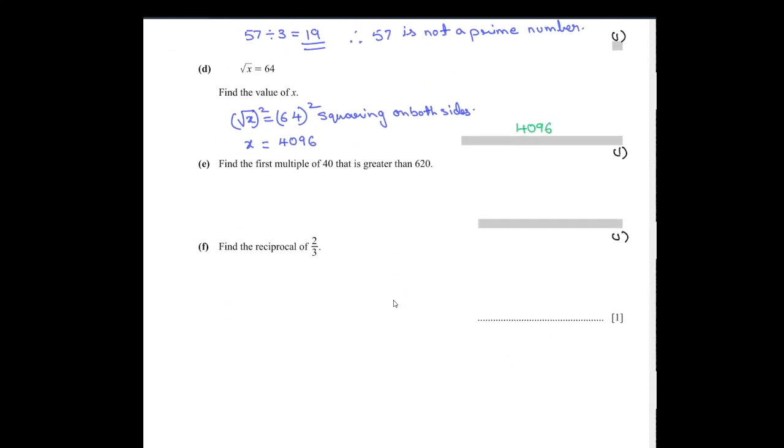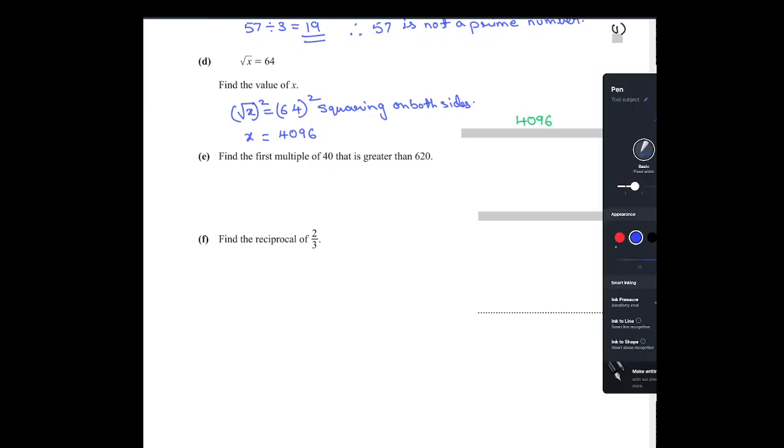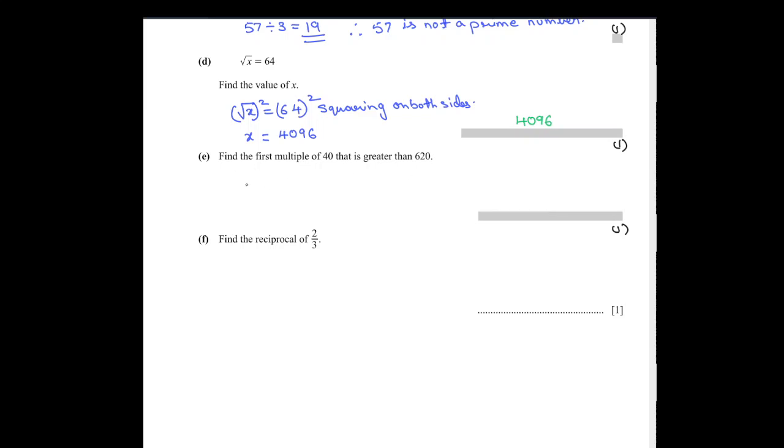Question number E. The first multiple of 40 that is greater than 620. So now we have to find out the first multiple of 40 which is greater than 620. So now we'll see the multiples of 40 near this number. First let me do with 10 because 10 is the easier number.